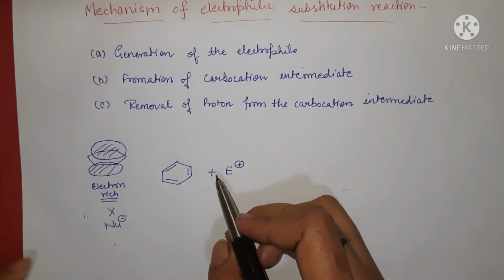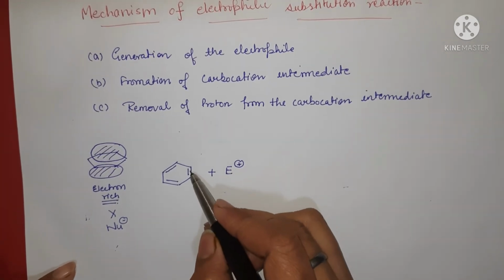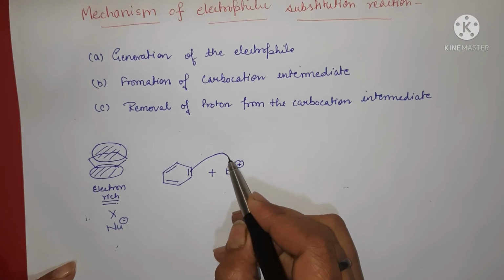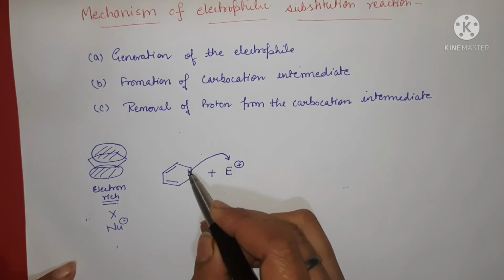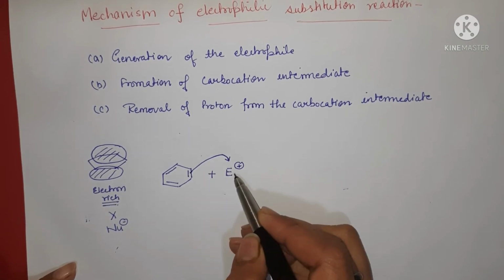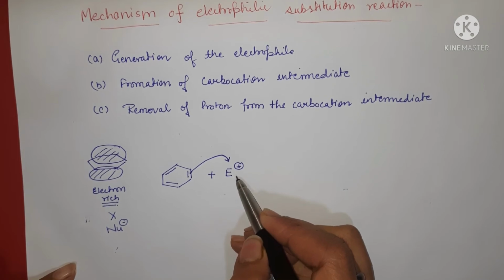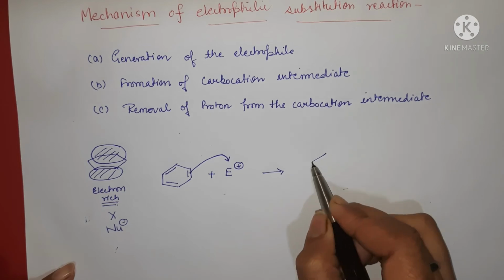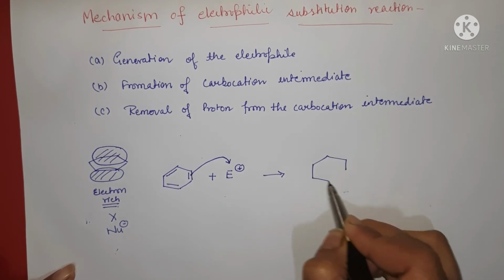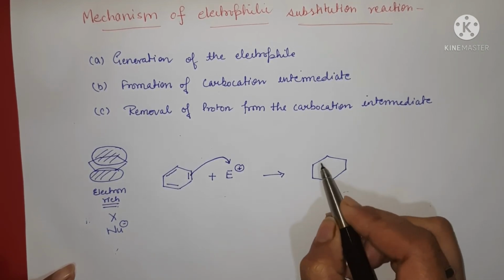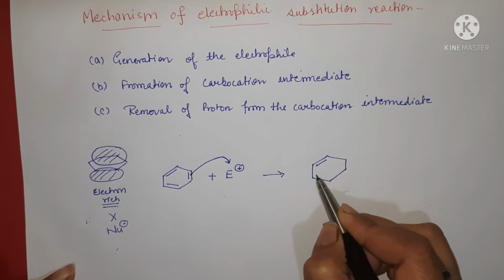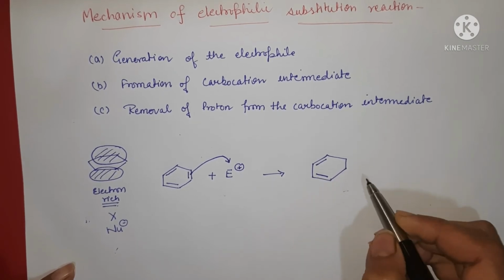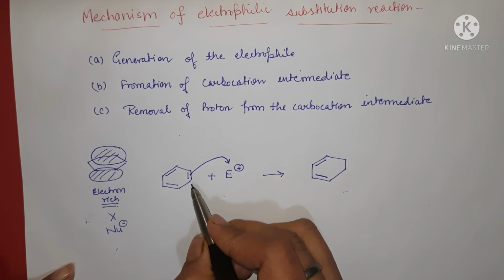So the pi electrons react with the electrophile and form a complex. We call it the sigma complex, because this pi electron forms a sigma bond with the electrophile.